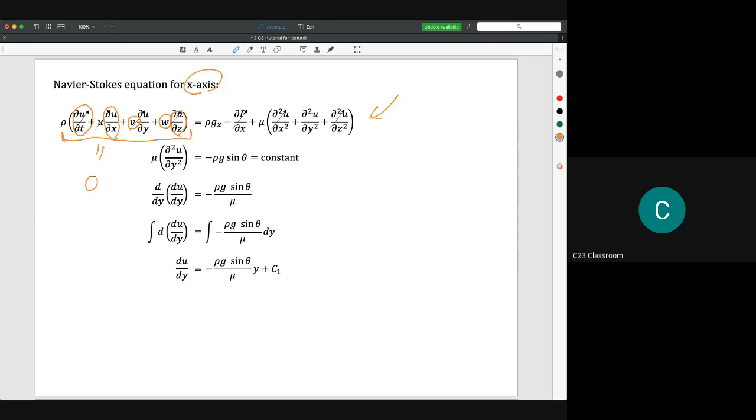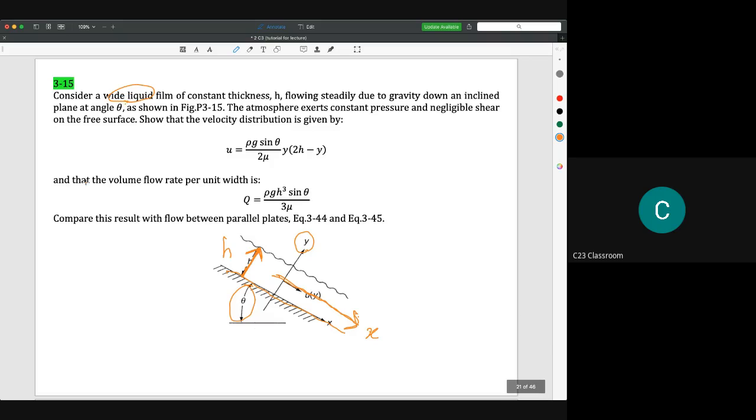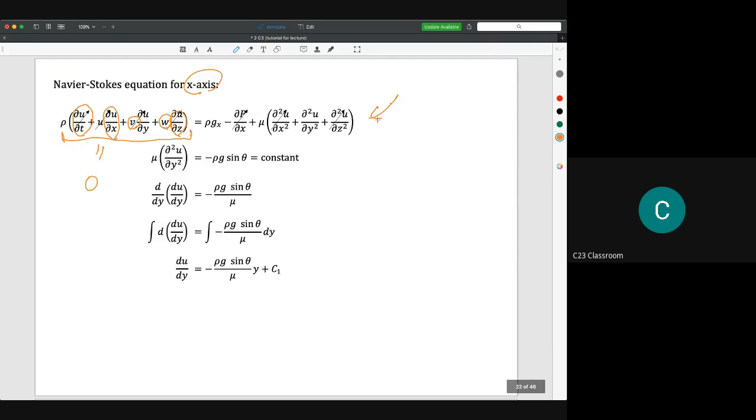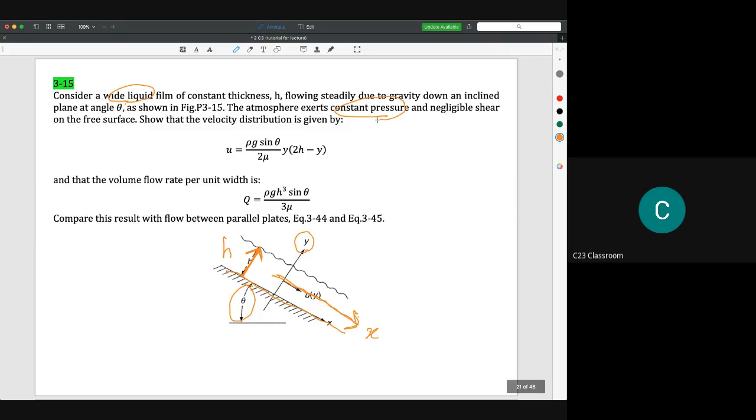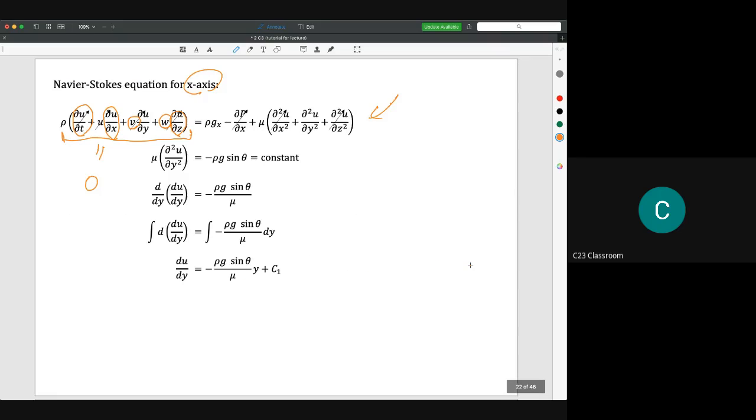Because it is stated in this question that the pressure is constant, the situation here is like an open channel flow, so the pressure is always atmospheric pressure and we assume there is no pressure difference.